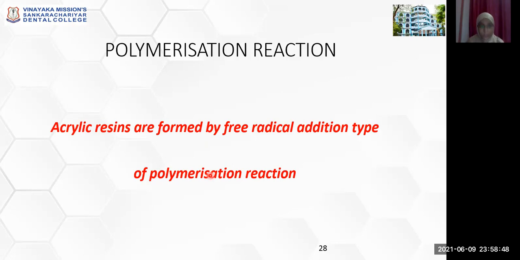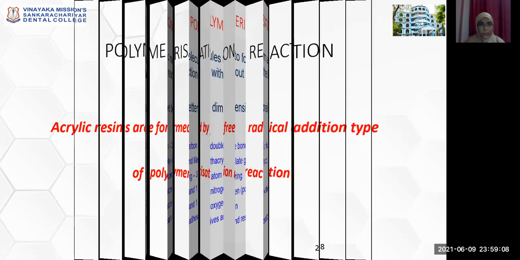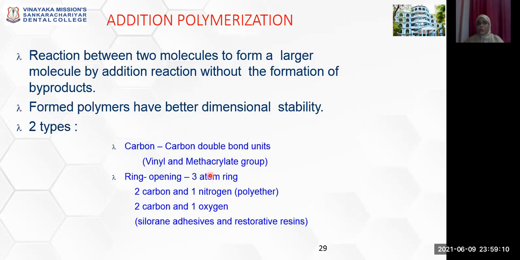Numerous monomers together give a polymer, and it can be either addition or condensation type polymerization. Here in PMMA it is addition polymerization, where the monomers keep adding to one another without giving out any byproduct.